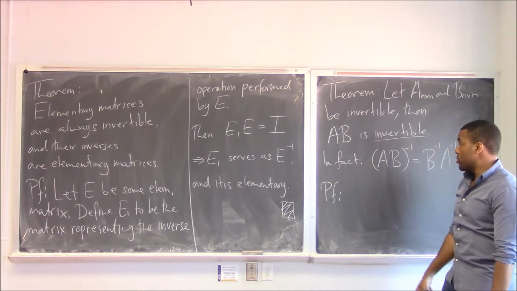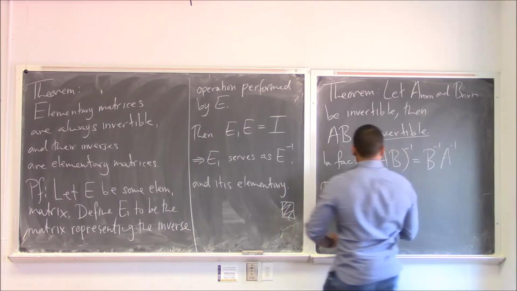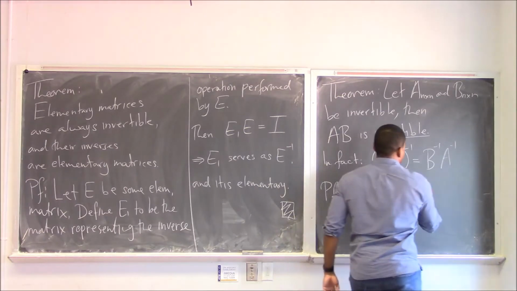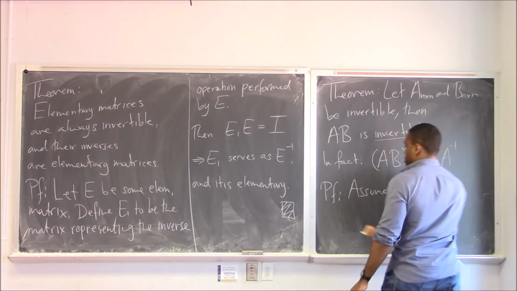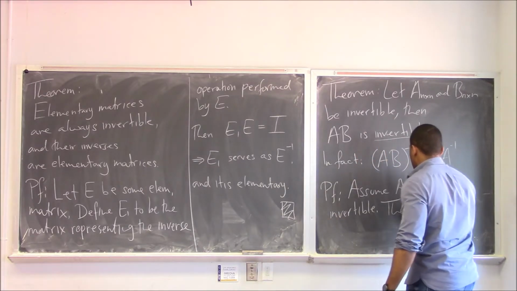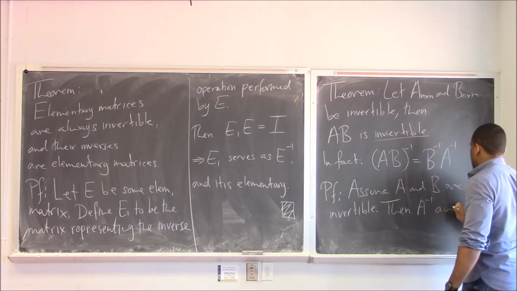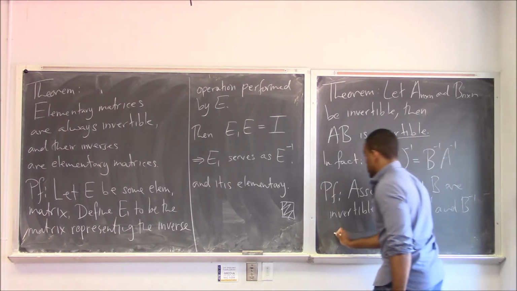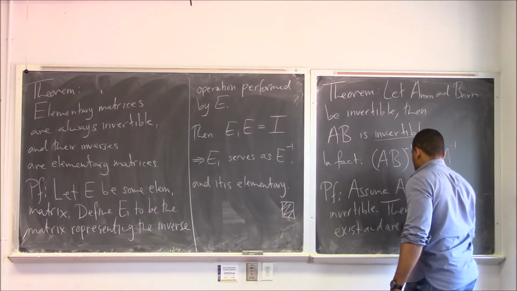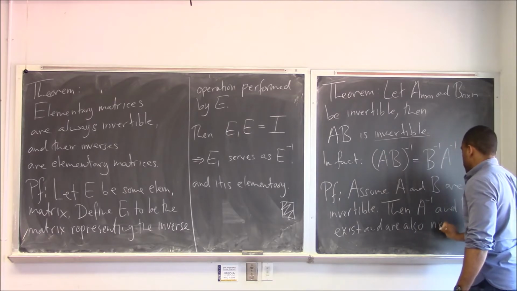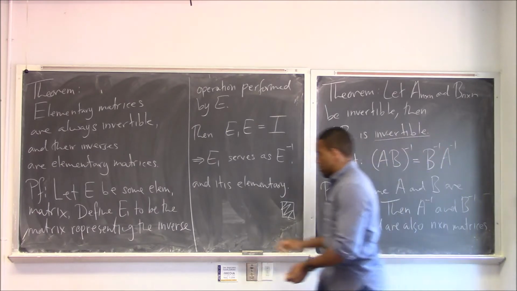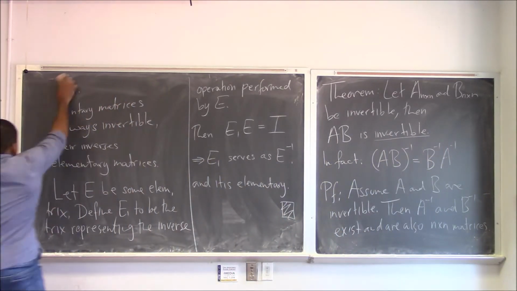Okay, here's the proof. Assume A and B are invertible. Then A inverse and B inverse exist and are also n by n matrices, which means I can multiply them in any order because the numbers will match up.